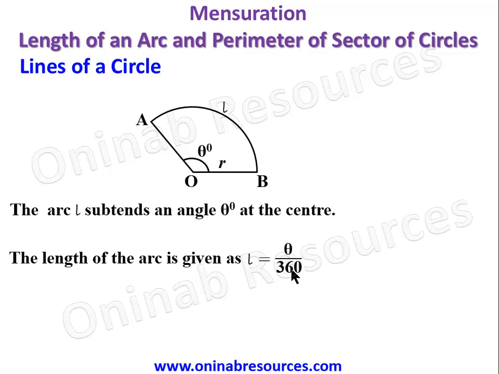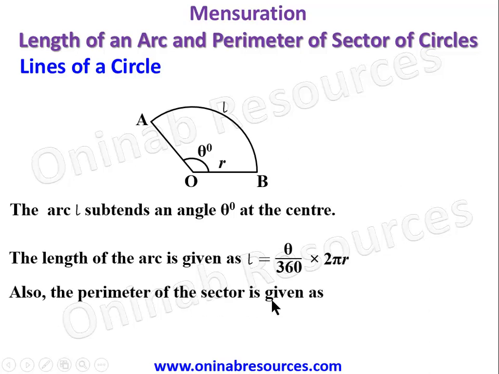Since this is just a fraction of a circle, that fraction we have here is theta, and since the total angle in a circle is 360 degrees, we have it as theta over 360, and the complete circle, we'll be talking about the circumference, and the circumference of a complete circle is 2 pi r. So the length is just a fraction of the circumference of the circle, which is represented in the formula here.